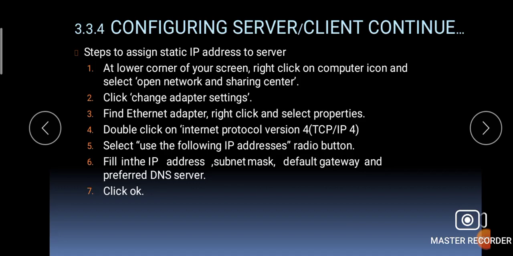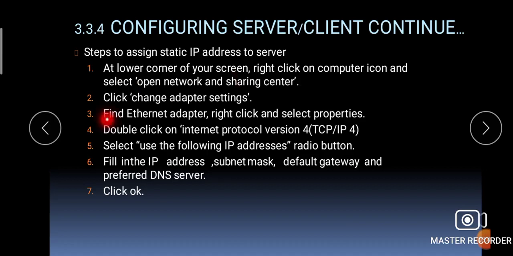So how do we assign a static IP address to the server? Follow these steps. First, at the lower corner of your screen, right click on the computer icon and select Open Network and Sharing Center. Then click Change adapter settings.